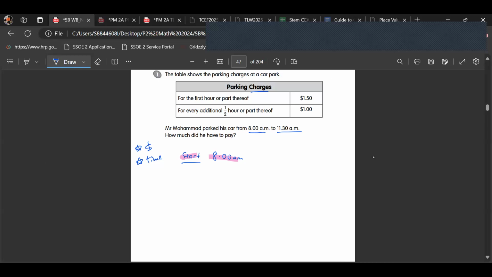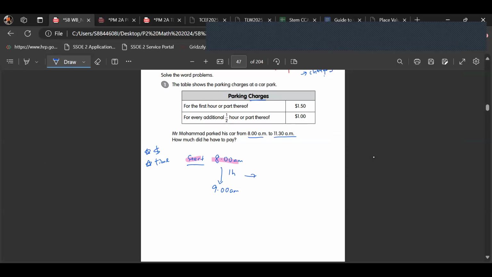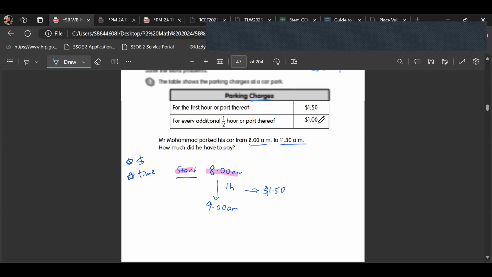So I can start by 8 o'clock and I go to 1 hour and then it's 9 o'clock. So this is the first hour. The first hour here is $1.50. Then I go every next half an hour, for every additional half an hour or part thereof.